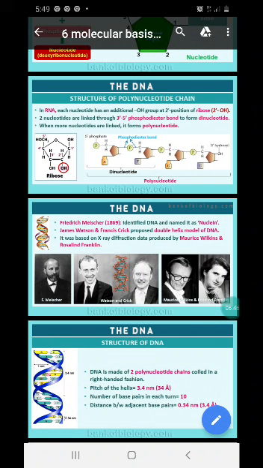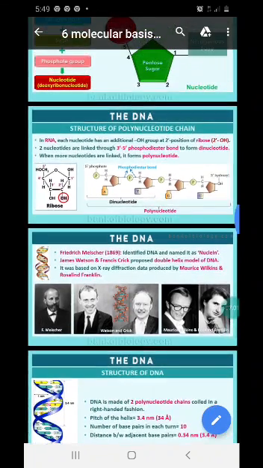And what is the full form of RNA? How is RNA different from DNA, children? RNA and DNA are somewhat the same, except that RNA has, in each nucleotide, an additional OH group at the second position of the ribose sugar.